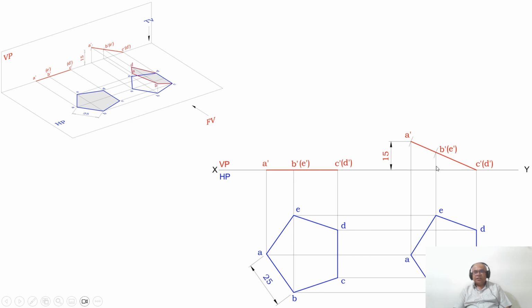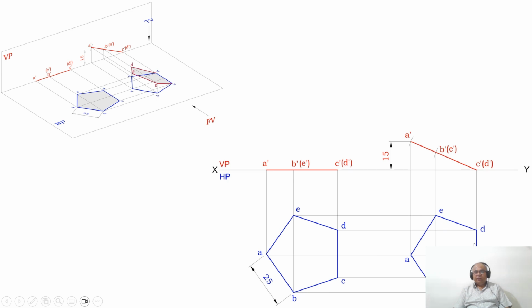Similarly, draw a vertical projector from B dash and E dash, and draw a horizontal projector from both B and E. Those 2 lines will intersect at these 2 points, and we mark them as B and E. Similarly, draw a vertical projector from C dash and D dash, and draw a horizontal projector from D and C. Both these 2 lines will intersect at these 2 points. We mark these points as C and D. Then join A to B, B to C, C to D, D to E, and E to A with a dark line.